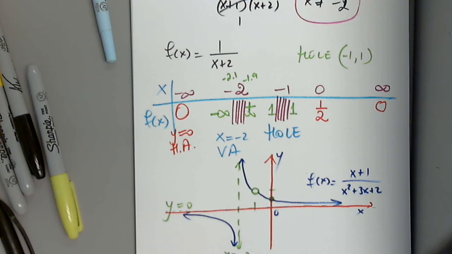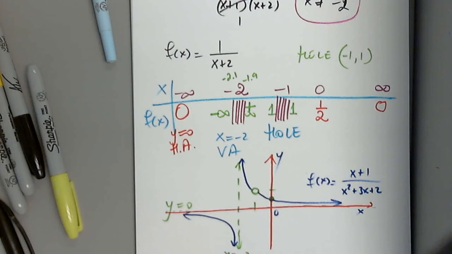So parentheses, x plus 1 divided by parentheses, x squared plus 3x. Oops, I didn't mean that.